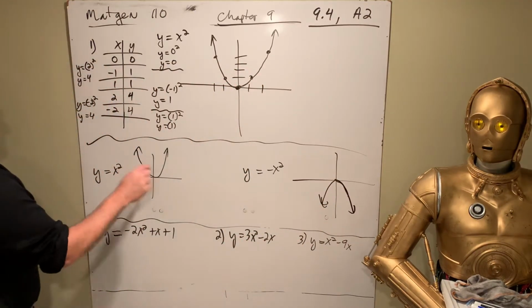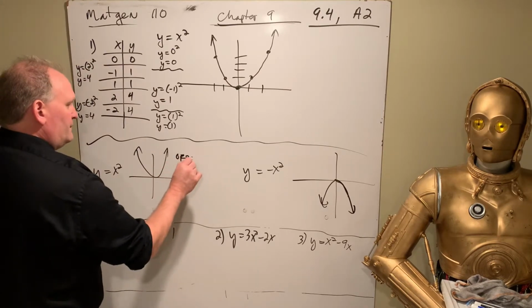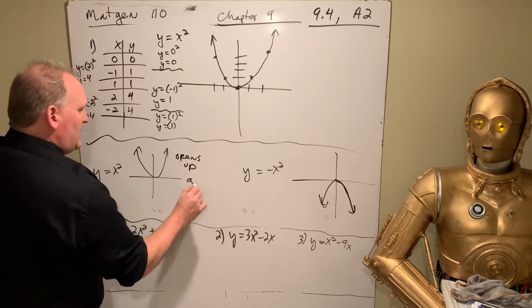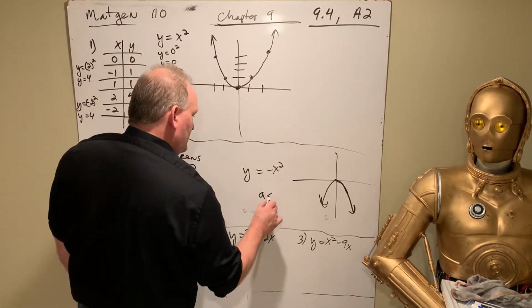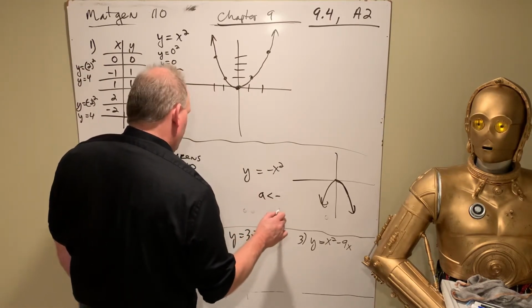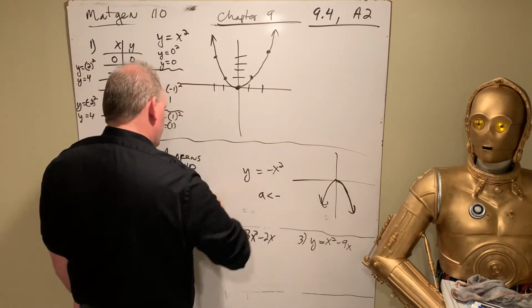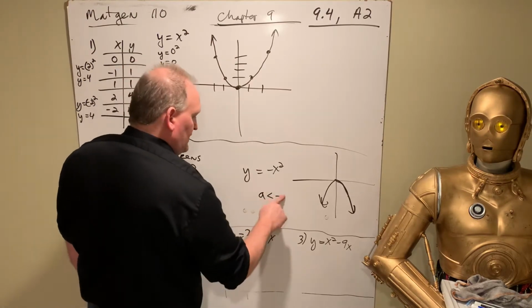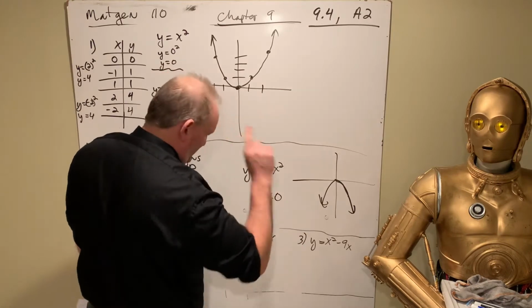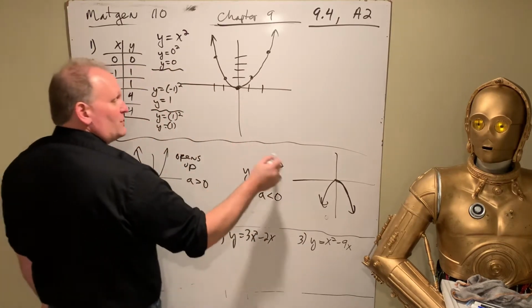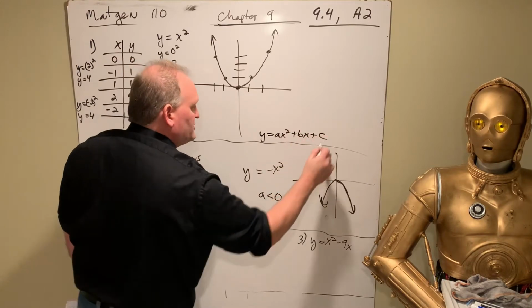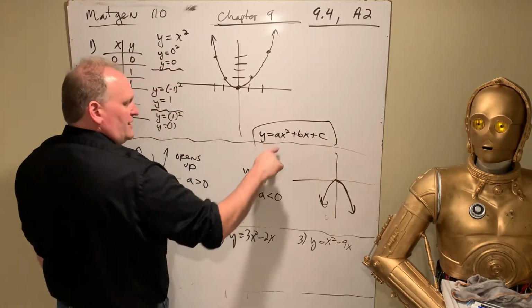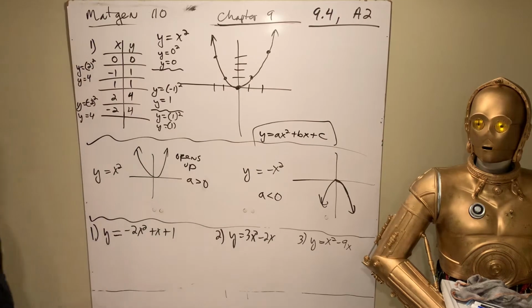That just opens up, it opens down, because a is positive, and if a is negative, it opens down. Remember, it's ax squared, so y is equal to ax squared plus bx plus c when we did quadratic formula. So the thing in front, a lot of times we refer to as a.